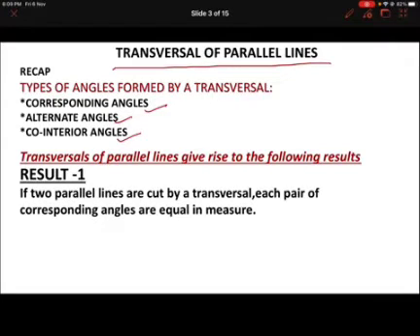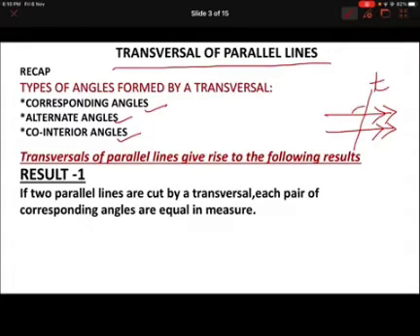in measure. If you recall, we learned that 4 pairs of corresponding angles are formed. That is, if these are parallel lines, and if this is the transversal, 4 pairs of corresponding angles are formed, children.